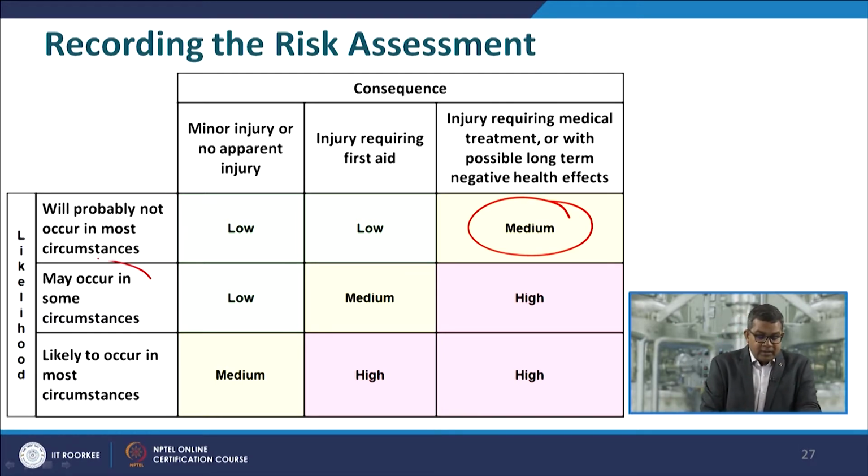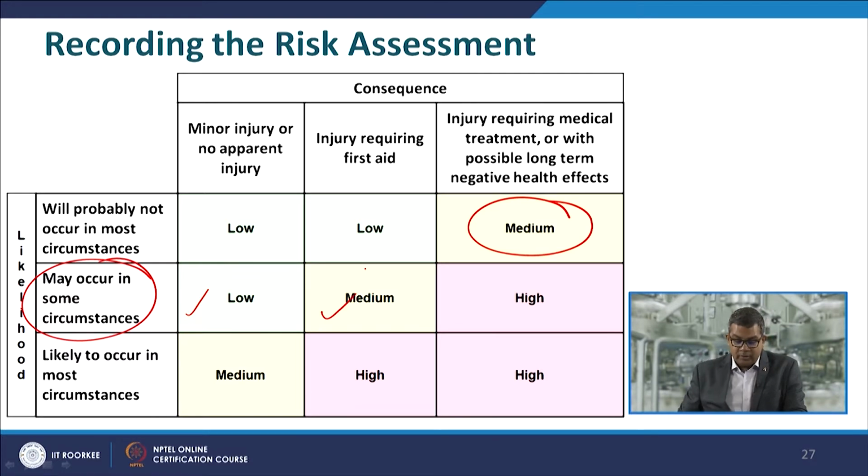Sometimes it may occur in some circumstances; minor injury may be low, the consequences may be on the medium side, then injury requiring medical treatment, etc. If it is high, then you need to pay severe attention. So, you must record all those things based on your knowledge and your requirements.